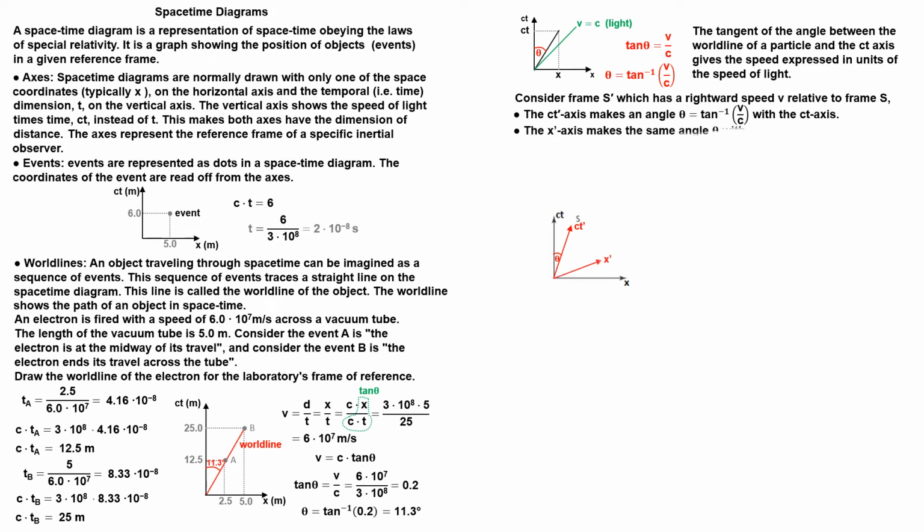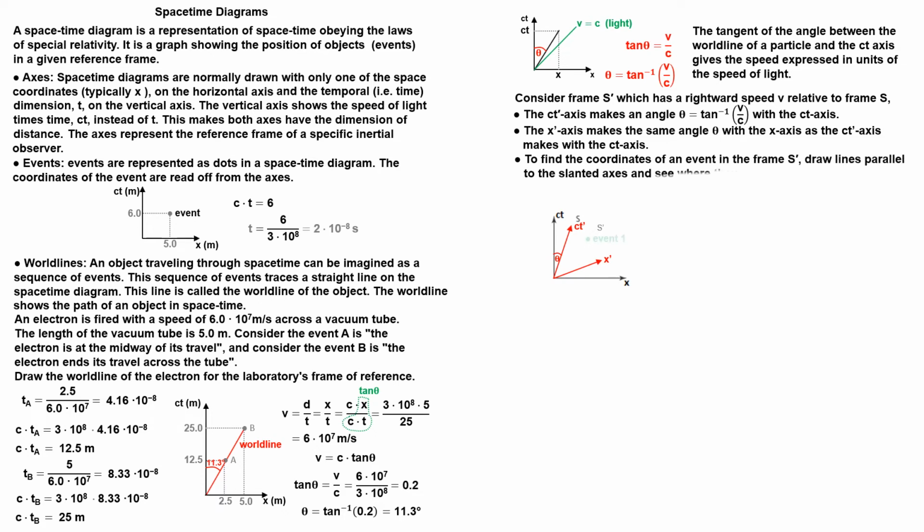The x' axis makes the same angle theta with the x-axis as the ct' axis makes with the ct-axis. To find the coordinates of an event in the frame S', draw lines parallel to the slanted axes and see where they intersect the axes.